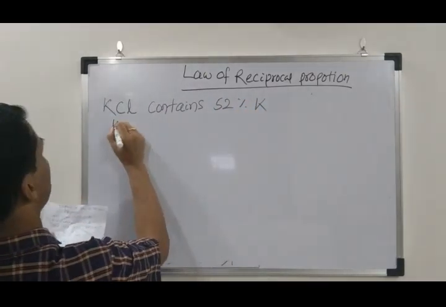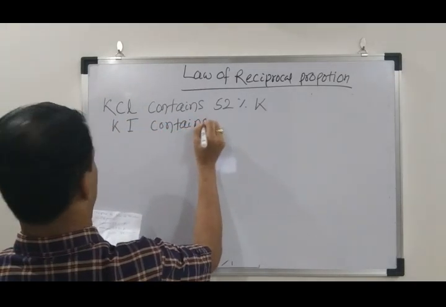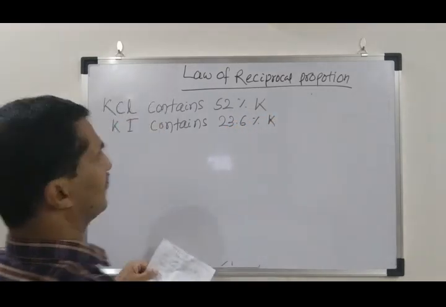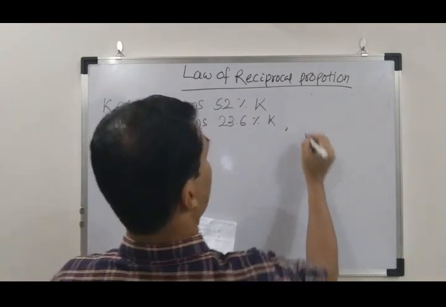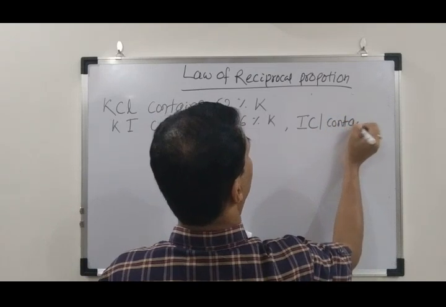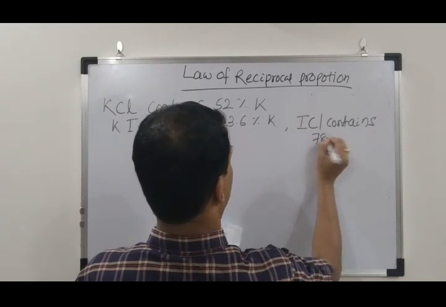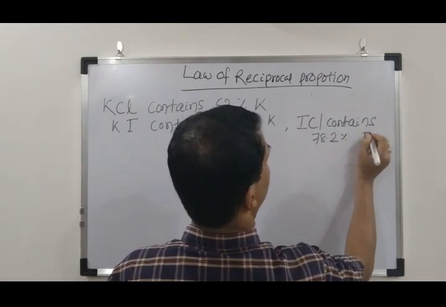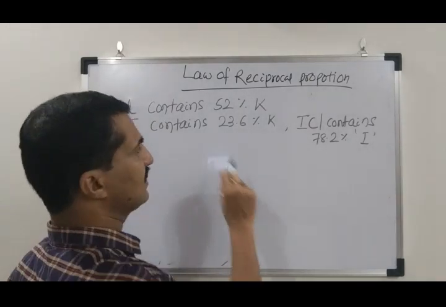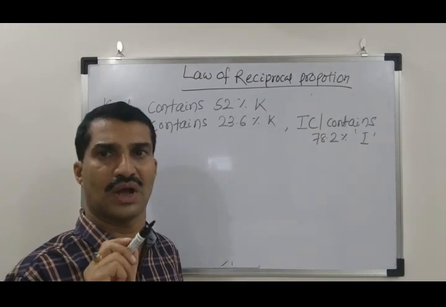Again, it is given that potassium iodide contains 23.6% potassium. Another case is given, ICl contains 78.2% iodine. With this data, it is asking to prove that this follows or obeys the law of reciprocal proportion.